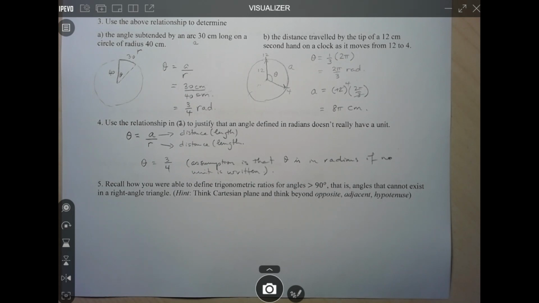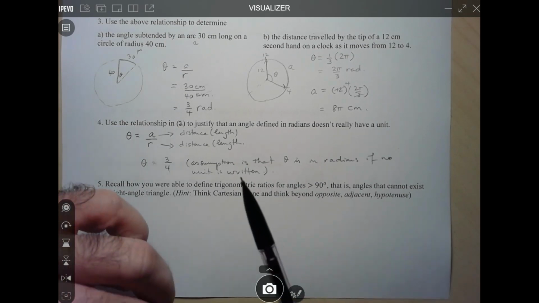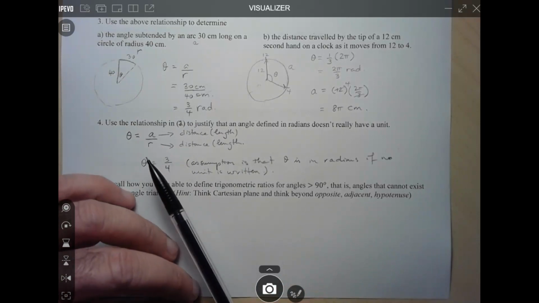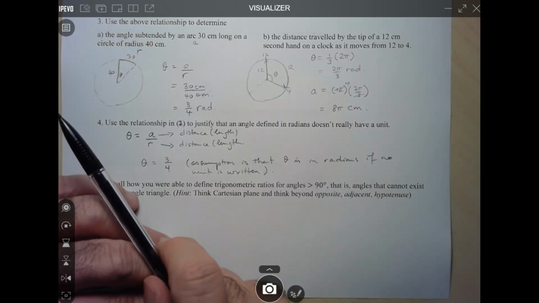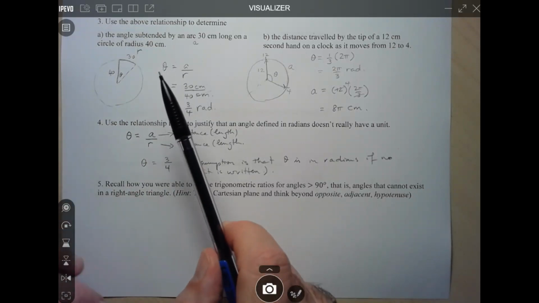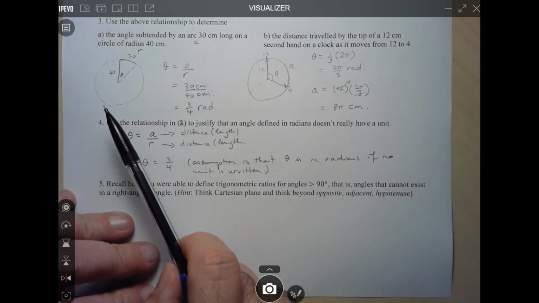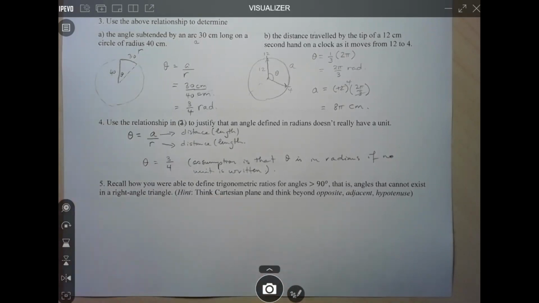Eventually we'll hopefully get to the place where we can understand why it's so important to work in this new unit. But certainly one nice thing about working in radians is that it's not like 360, which is just some arbitrary number. There's a physical significance to what a radian is. It can be defined using properties of circles, for which angles are very important.